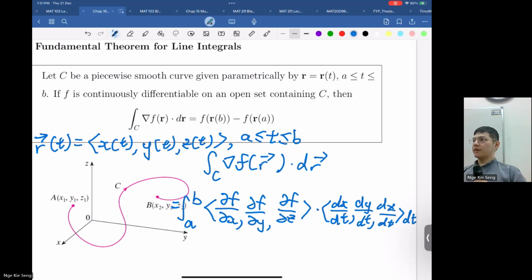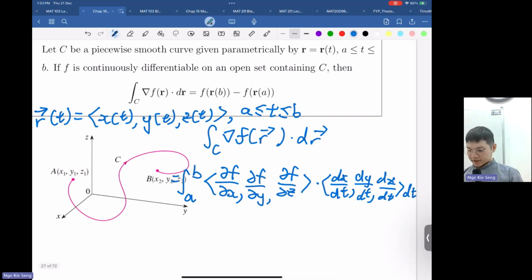In this case, I think this is kind of familiar. What is this?